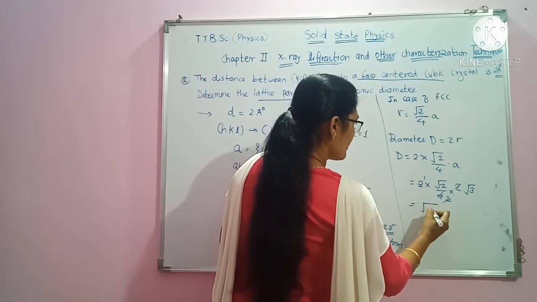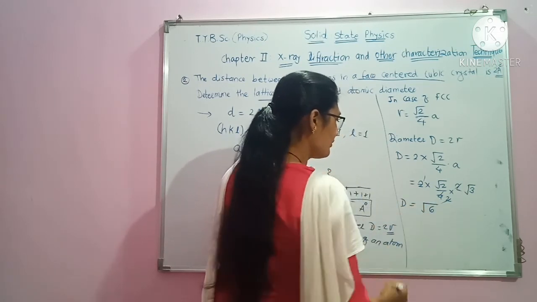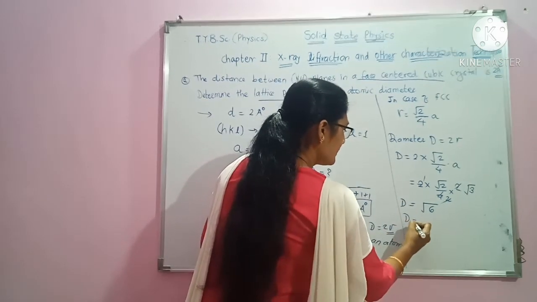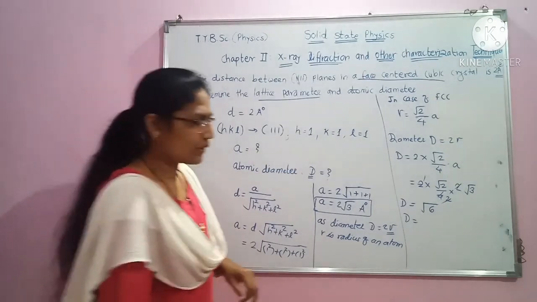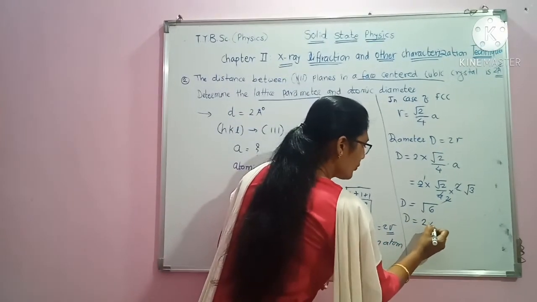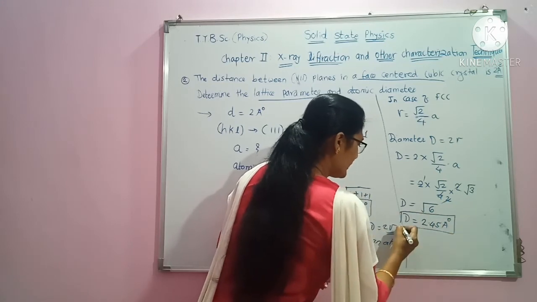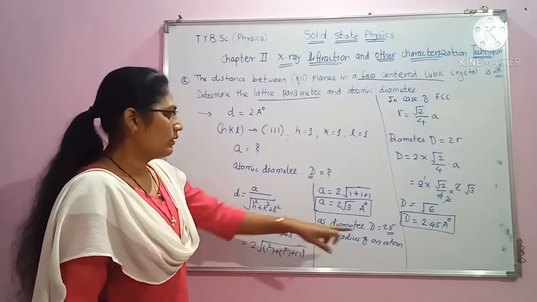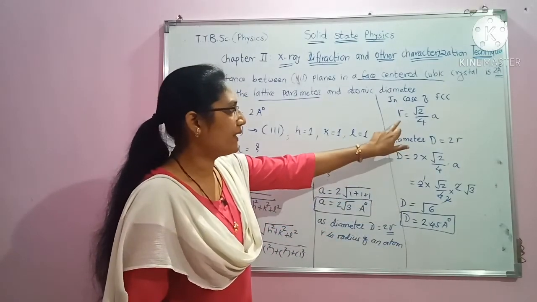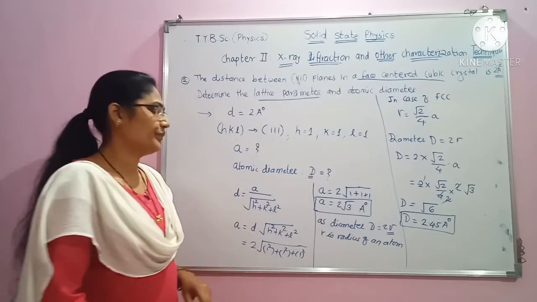So here root 6 is the value of D. When we calculate this value of root 6, it comes out as 2.45 angstrom. So we have calculated the diameter by calculating the radius of the FCC crystal.